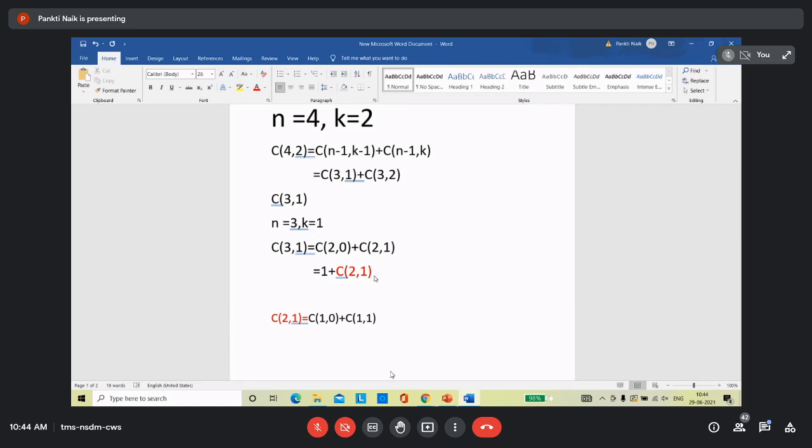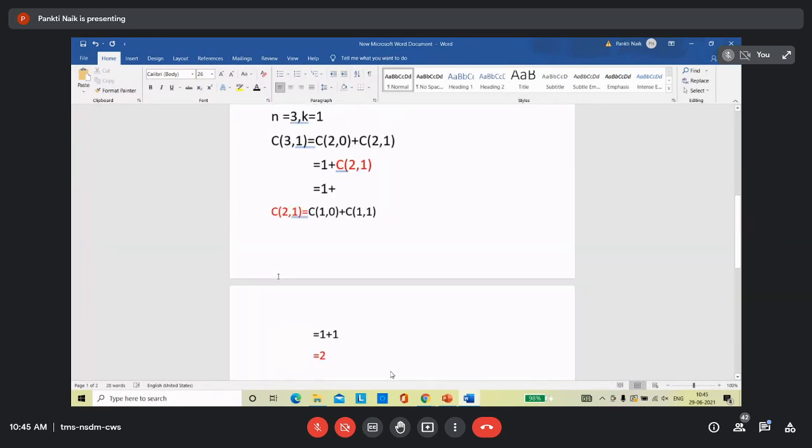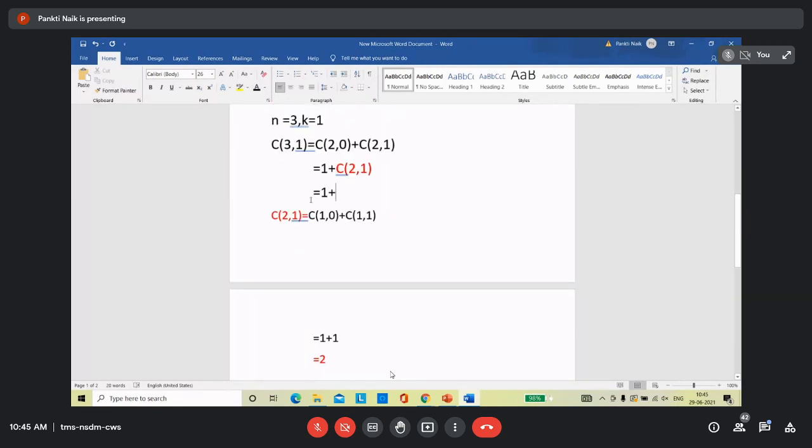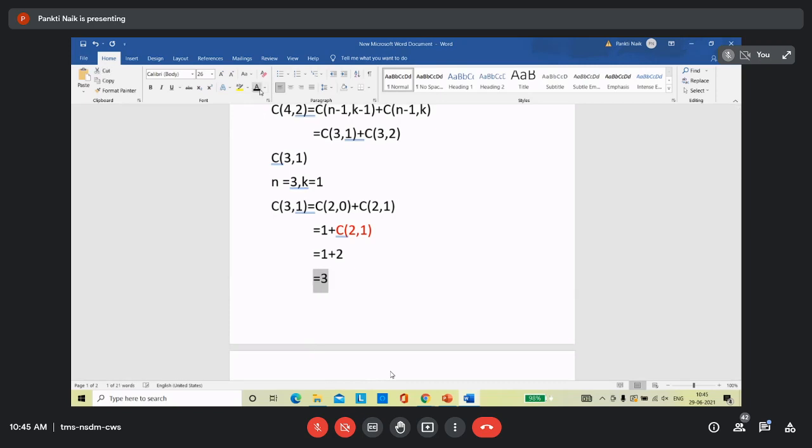So it is equal to 1 plus, right? Write it below this, here, right? I am changing it here. C2, 1 is 2. So that is equal to 3. Right? So we get the solution for C3, 1 also.